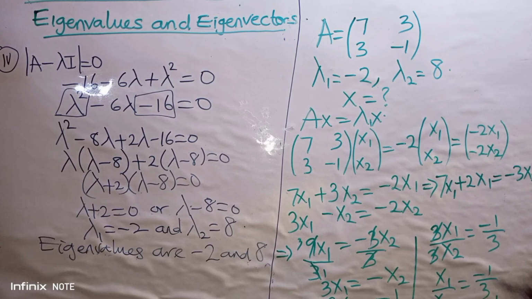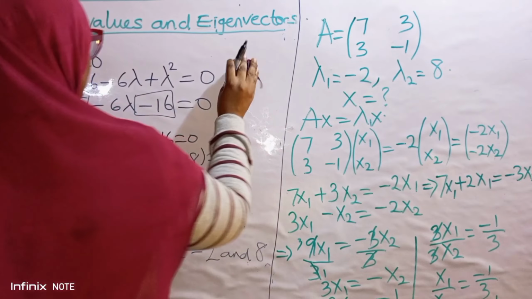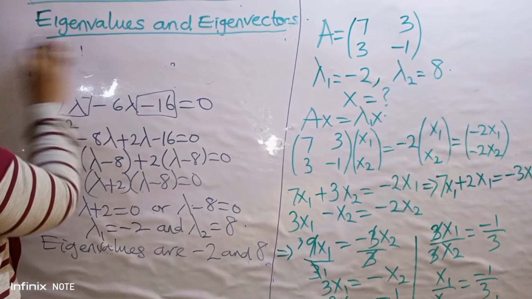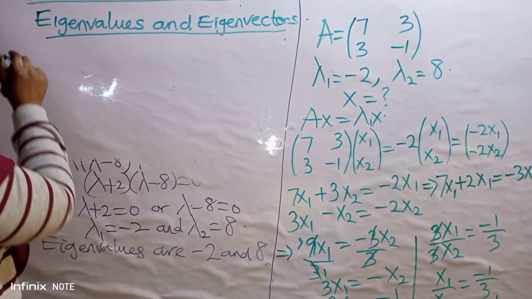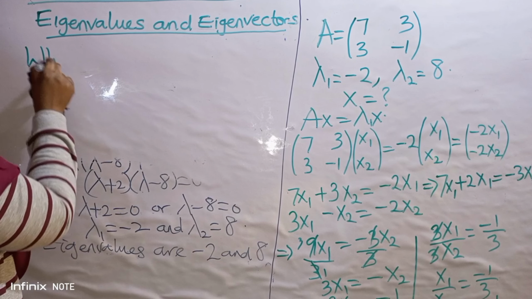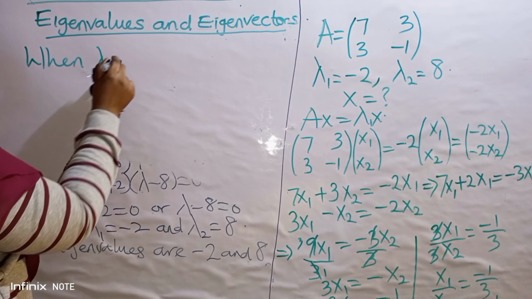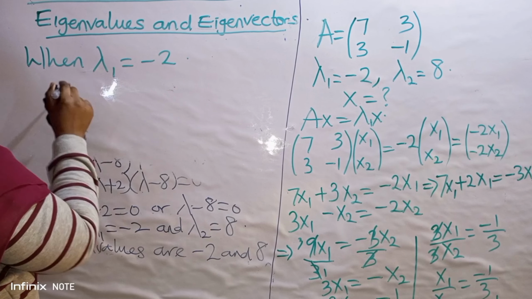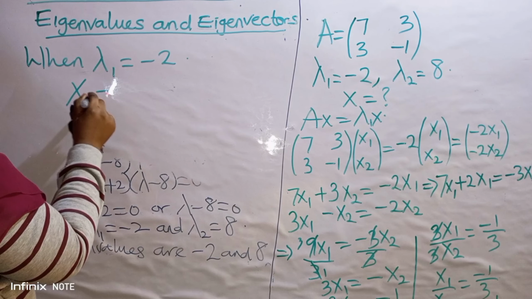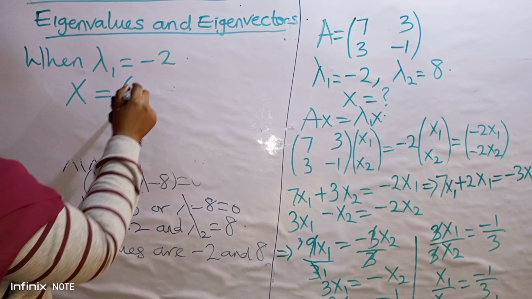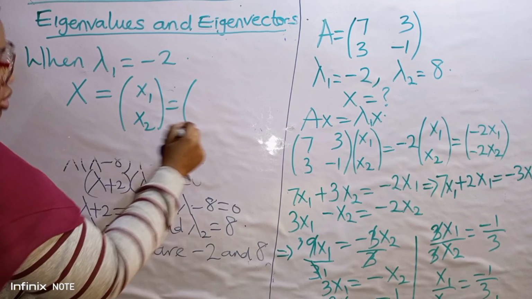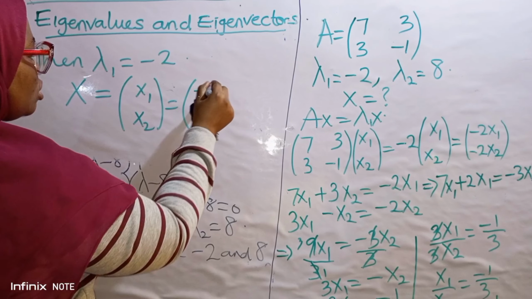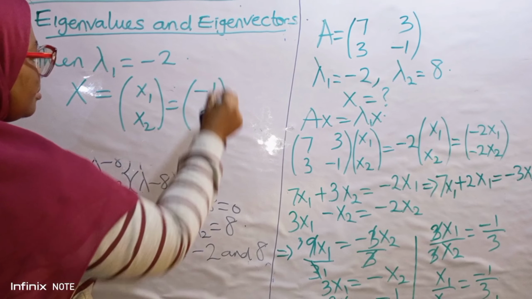So from here, I can say that when my eigenvalue lambda 1 is equal to minus 2, then x, which is x1, x2, is equal to minus 1 and 3.